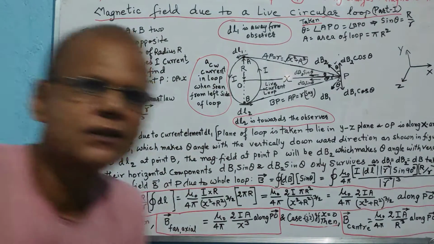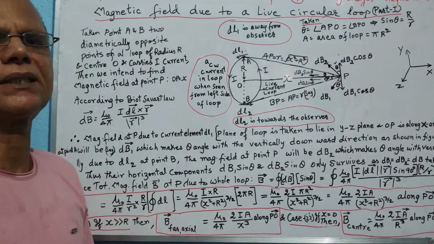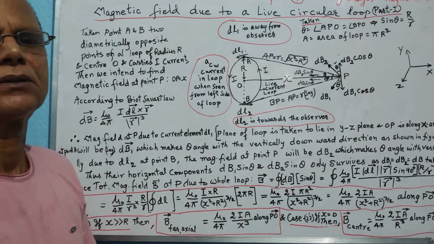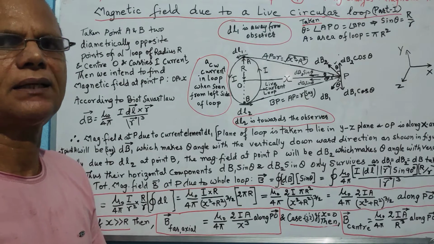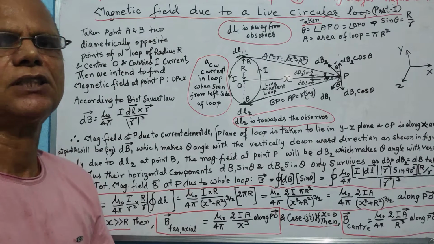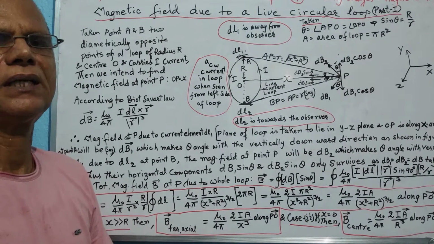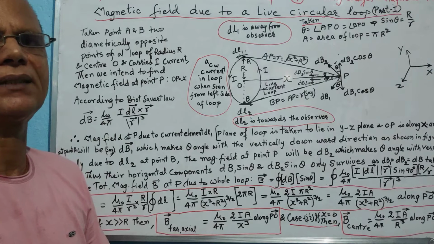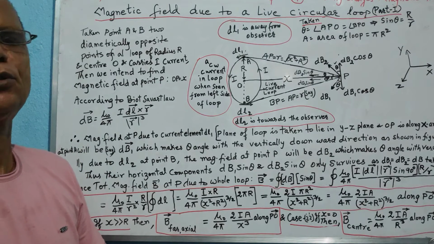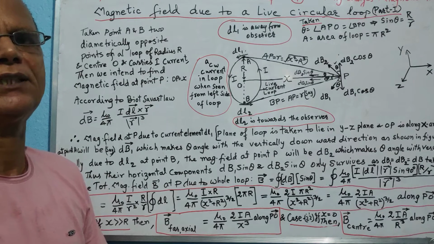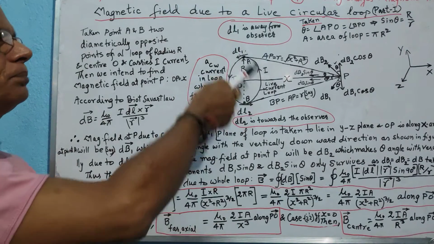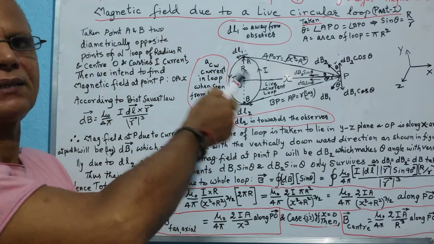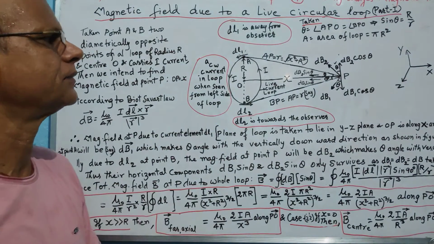Dear students, today we are going to discuss the same topic we have discussed earlier, the just previous one. We have found the value of magnetic field intensity produced at any axial point due to a circular loop carrying some current having certain radius.